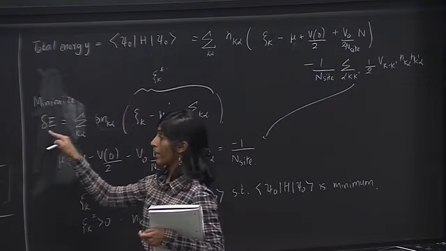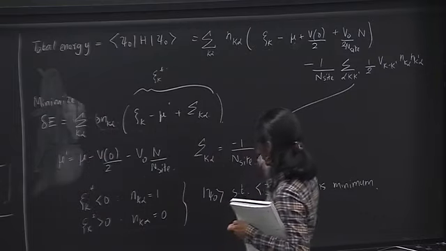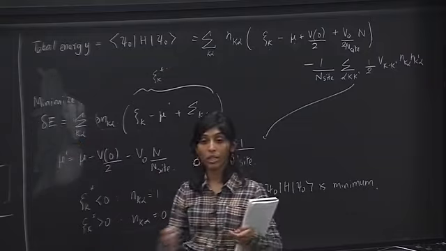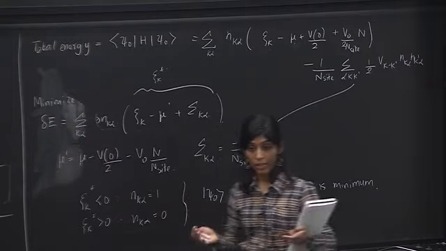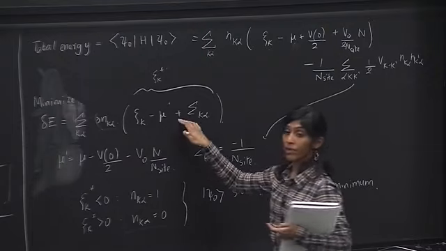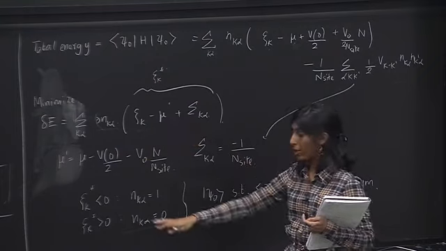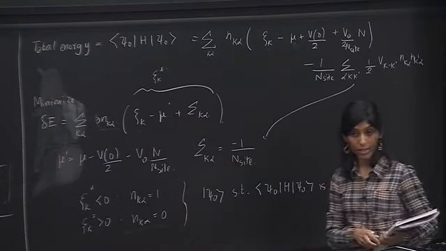Basically, I require that the change in energy, delta E, for psi 0 to be a true minimum, for any change in occupation better be positive. That's what I'm asking. So I want every term in this sum to be positive, and it will be positive if I make this choice for psi 0. Okay?